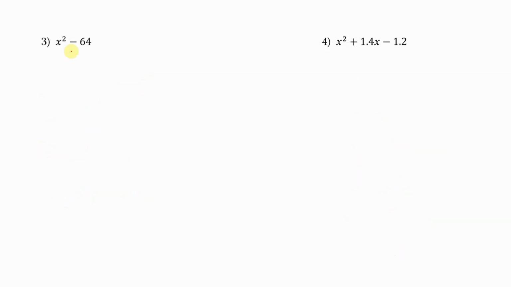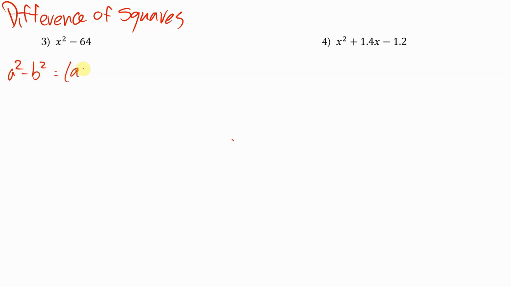So what you'll notice about this example, example 3, is this follows one of the special cases from Math 10. And it is called a difference of squares. And if you remember, a difference of squares, a squared minus b squared, is going to be equal to a plus b and a minus b.